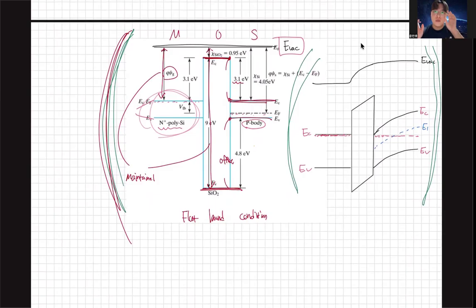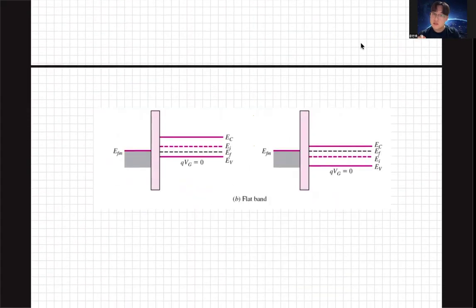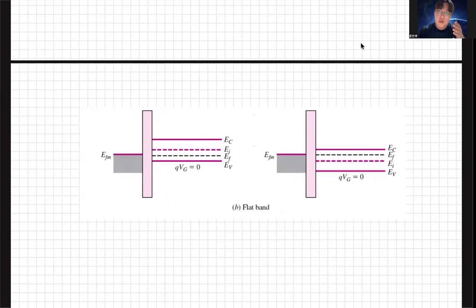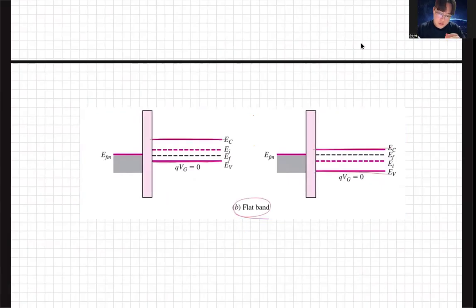Now I'm going to tell you how to draw the MOS band diagram if we use metal. It looks like this. As I already mentioned, this is the flat band because the Fermi level and the valence band are constant, and you can notice the valence level and Fermi level are closer.